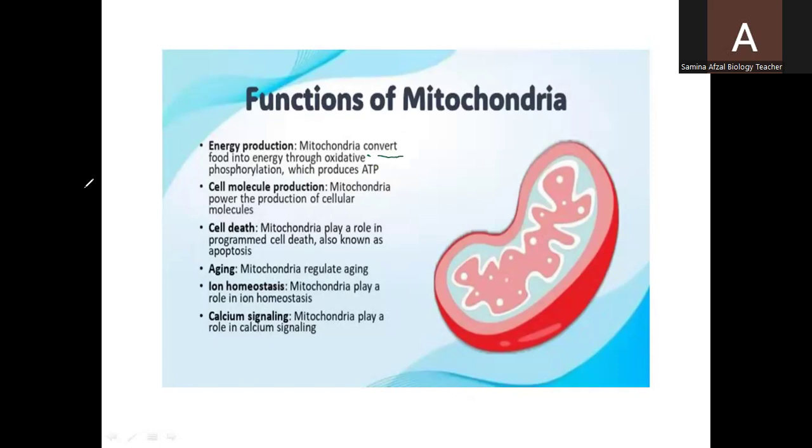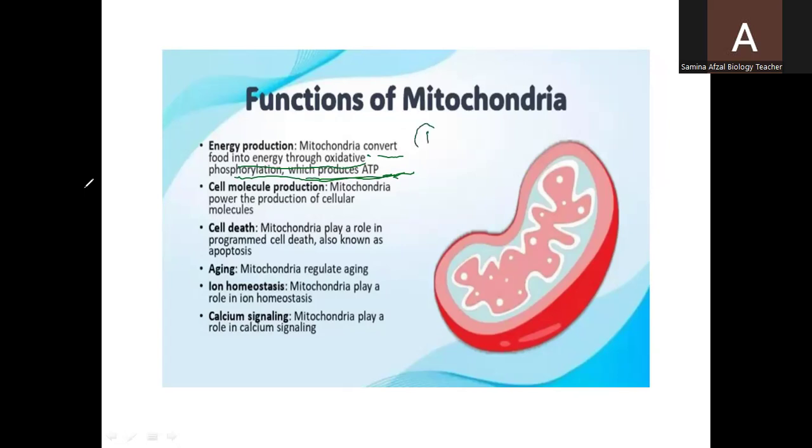Mitochondria convert food into energy through oxidative phosphorylation. Oxidative phosphorylation means ADP is changed into ATP. So phosphorylation is a process by which ATP formation takes place. So formation of energy takes place by this mitochondria.